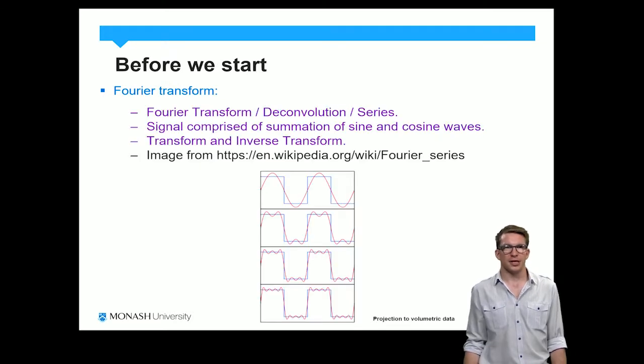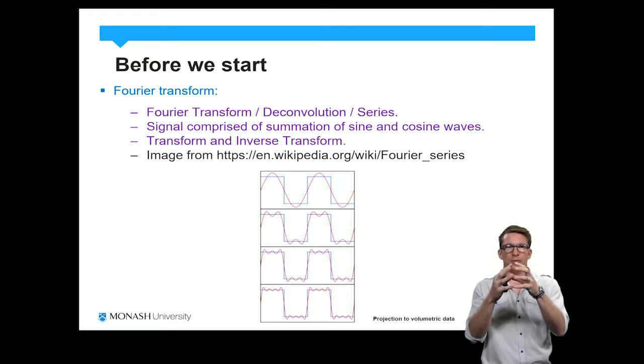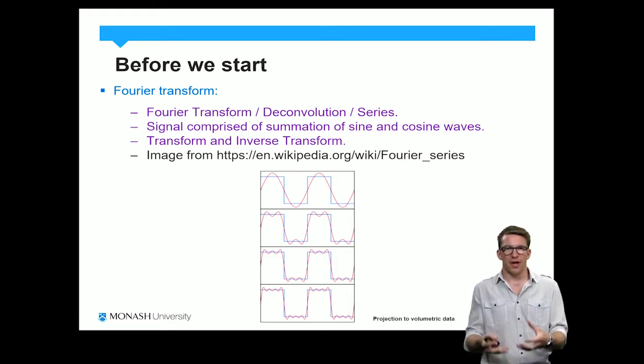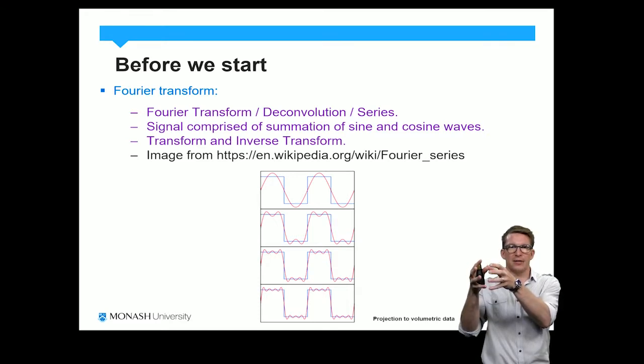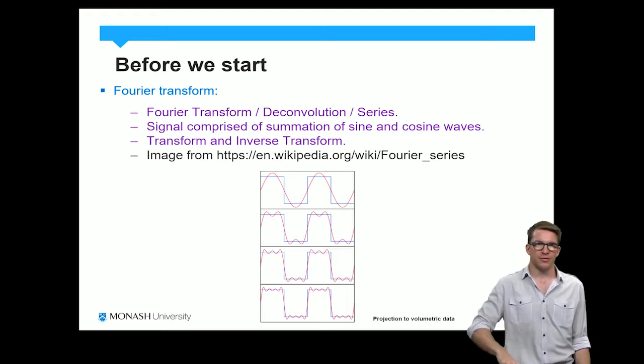Now we know the Fourier transform is used to describe two things: either the construction of a waveform in terms of waves of fundamental frequencies, or taking a composite waveform and deconstructing it back into its fundamental frequencies. So we either talk in terms of the Fourier transform or the inverse Fourier transform, depending on which way we're going.